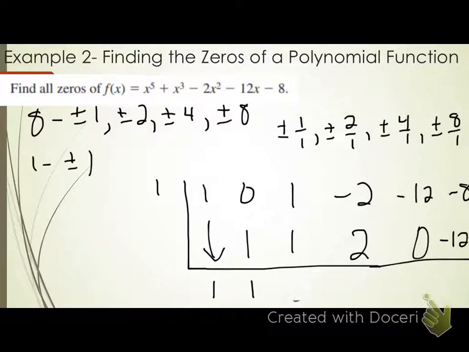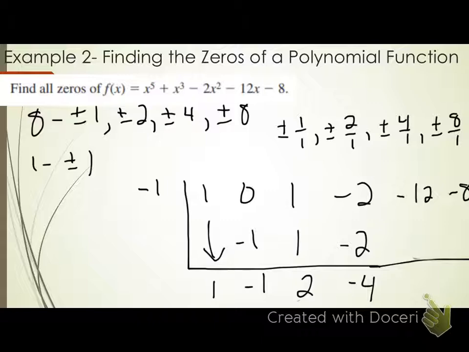So now let's check negative 1. Negative 1 times 1 is negative 1. 0 plus negative 1 is negative 1. Negative 1 times negative 1 is 1. 1 plus 1 is 2. Negative 1 times 2 is negative 2. Negative 2 plus negative 2 is negative 4.